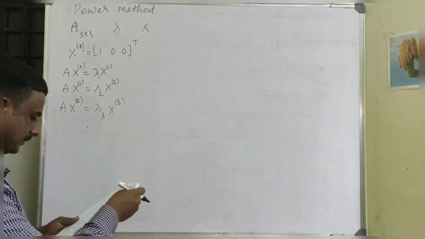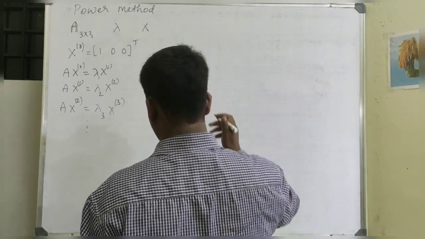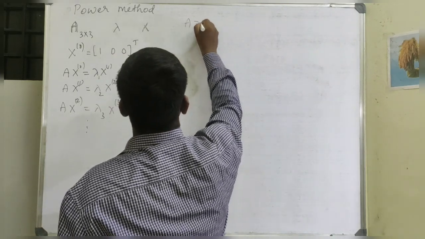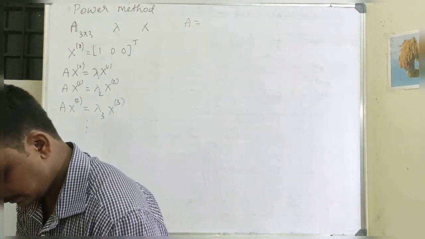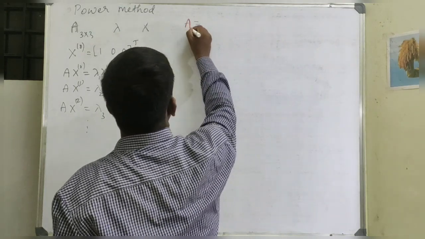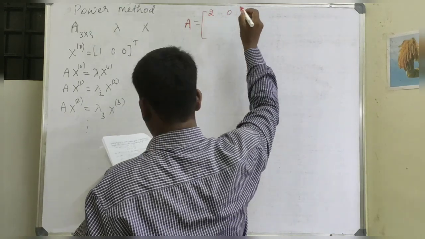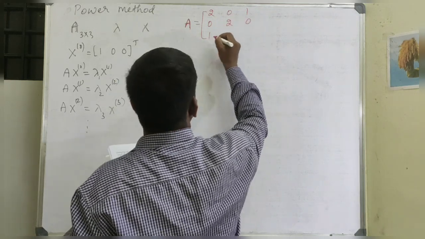Now take up this one. Find the largest eigenvalue and the corresponding eigenvector of the matrix A equal to 2 0 1, 0 2 0, 1 0 2.